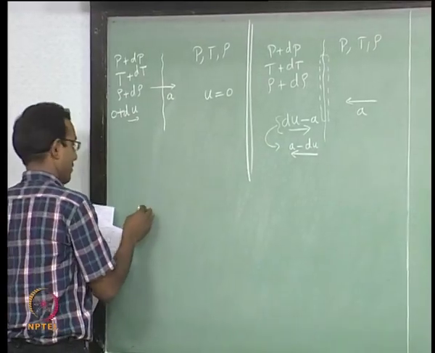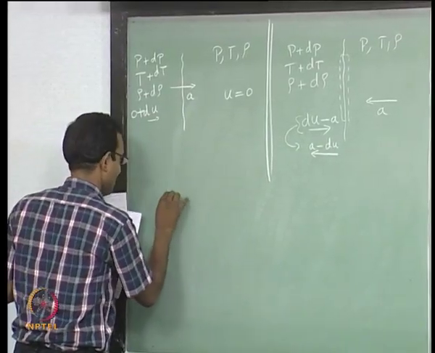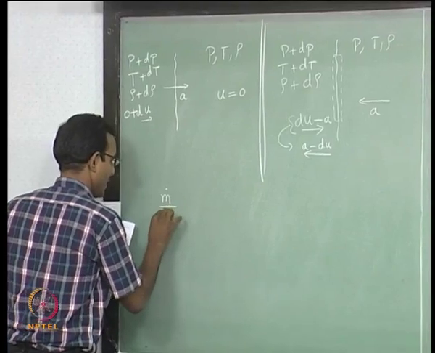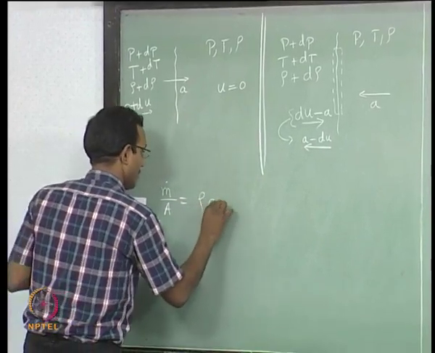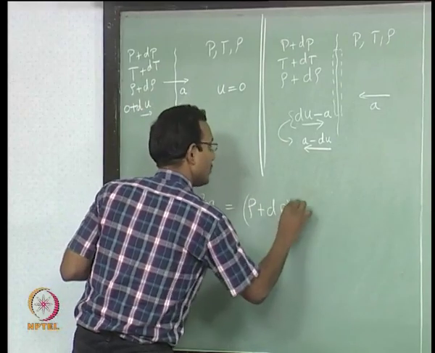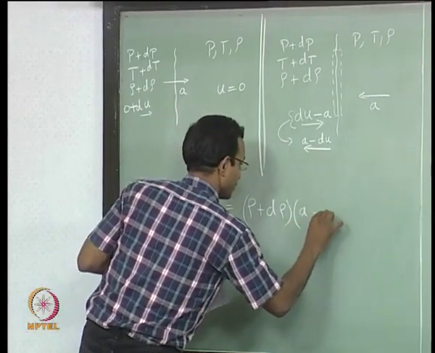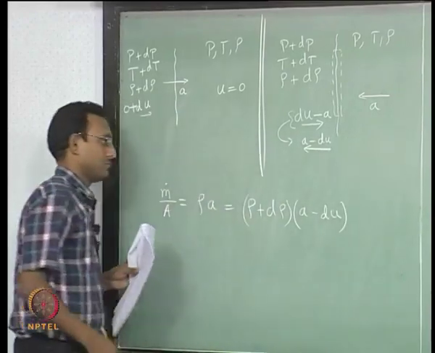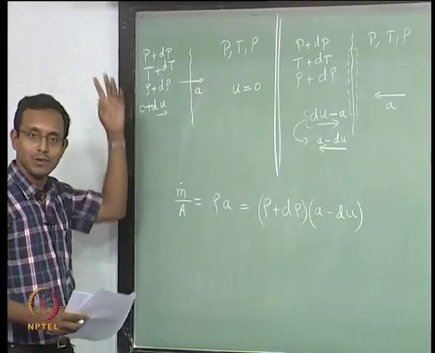And then we showed that m dot by A equals rho a equals rho plus d rho times a minus du. This is just directly from your mass conservation.